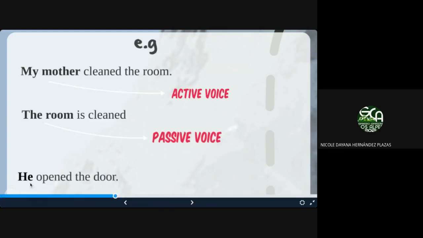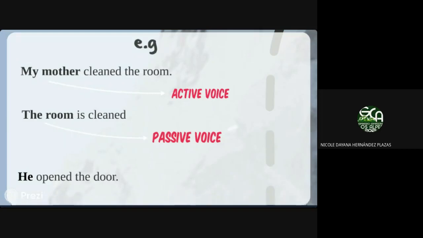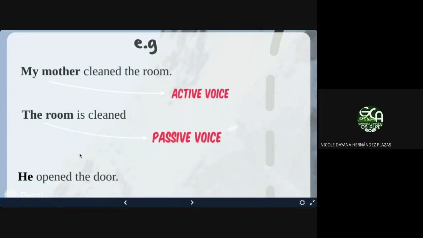What about this one? He opened the door. Is this active or passive? Passive cause, no, I don't know. It is active. Cuando es voz activa es cuando lo más importante de tu oración es el sujeto que realiza la acción. Cuando te dicen él está haciendo esto, ella está haciendo esto, eso es voz activa, porque te están dando un sujeto que está haciendo algo.